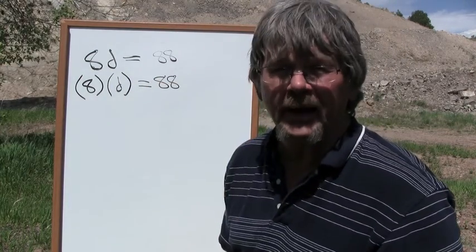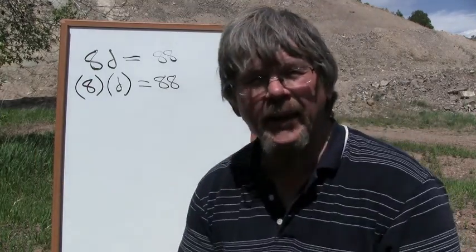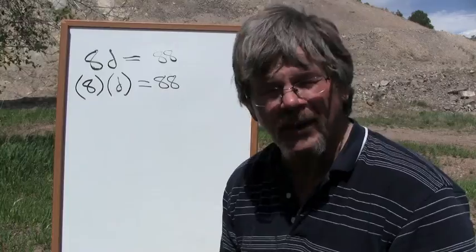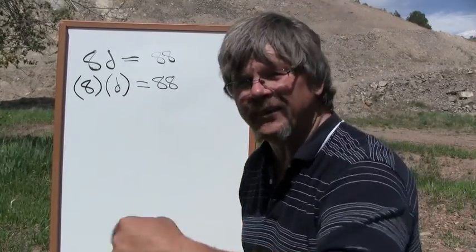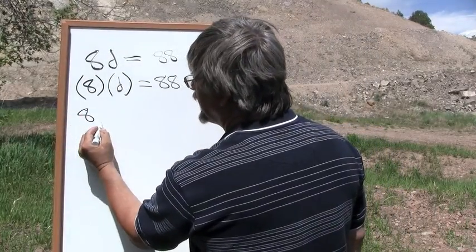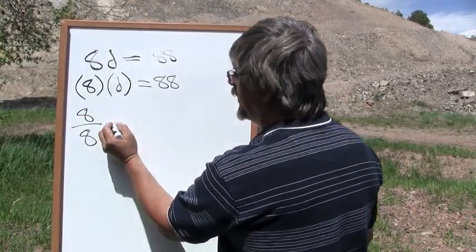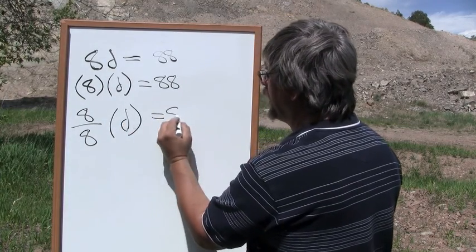It's been multiplied by 8. I don't want it multiplied by 8. I want the d all by myself, all by itself. So to get rid of the multiplication, we divide it by that same number. 8 divided by 8 times d equals 88.